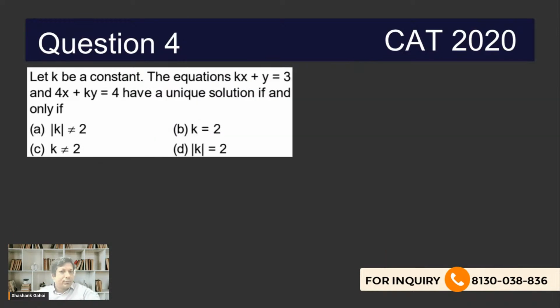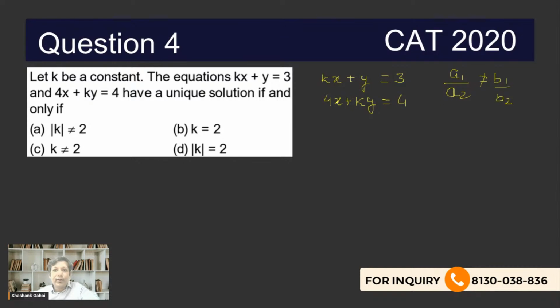What does it say? It says that the equation kx plus y equal to 3, and 4x plus ky equal to 4. It says it has a unique solution. What is the condition for a unique solution? That is a1 upon a2 is not equal to b1 upon b2.